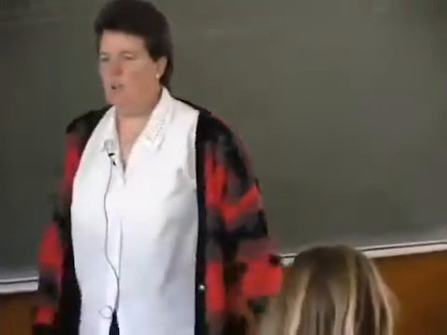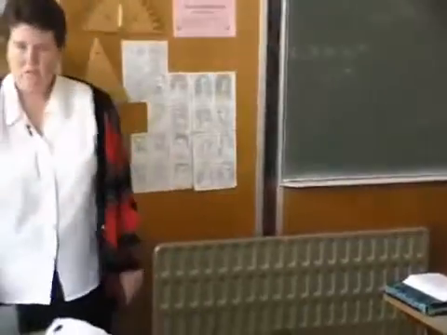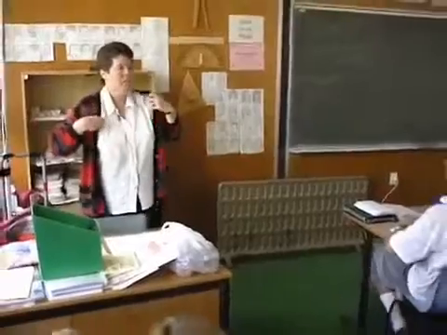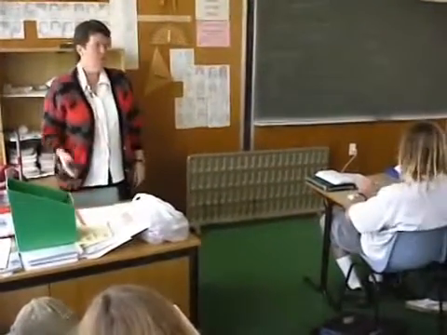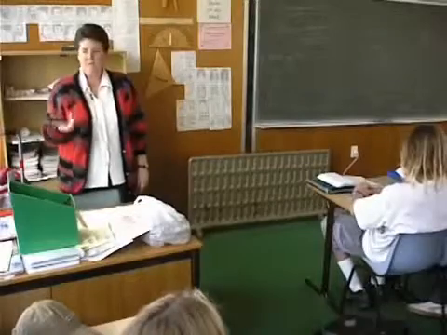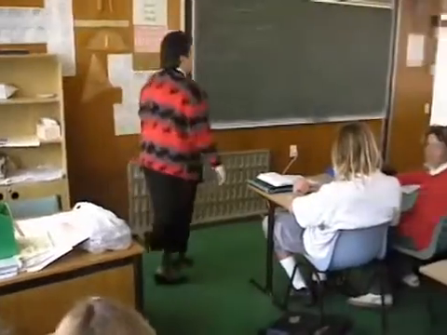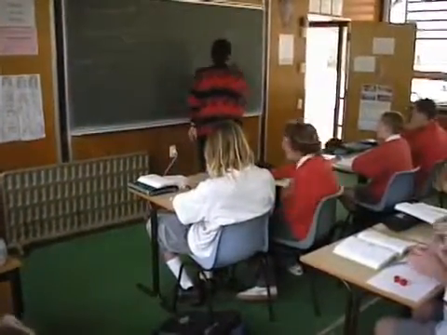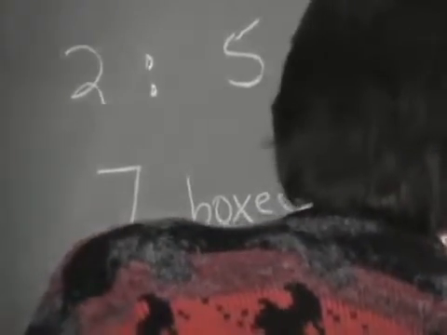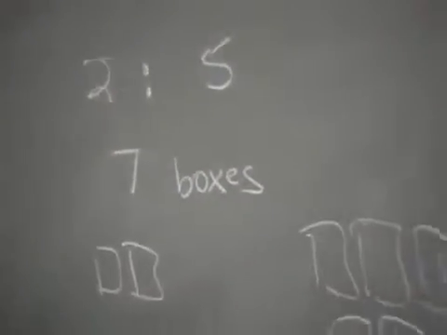Okay, what about the ratio 2 to 5? That means on your left hand you would have 2 empty boxes, and on your right hand you've got 5, which means that for a ratio 2 to 5, you have used 7 boxes. 2 here and 5 there. Follow that?